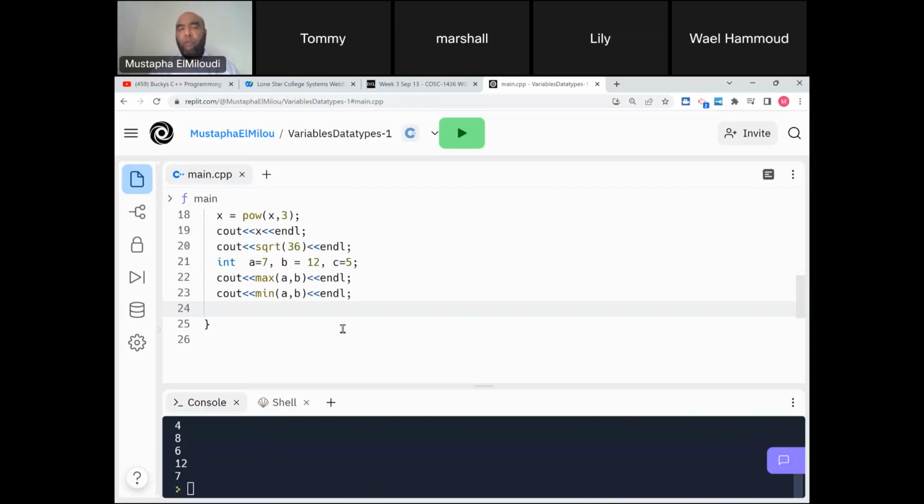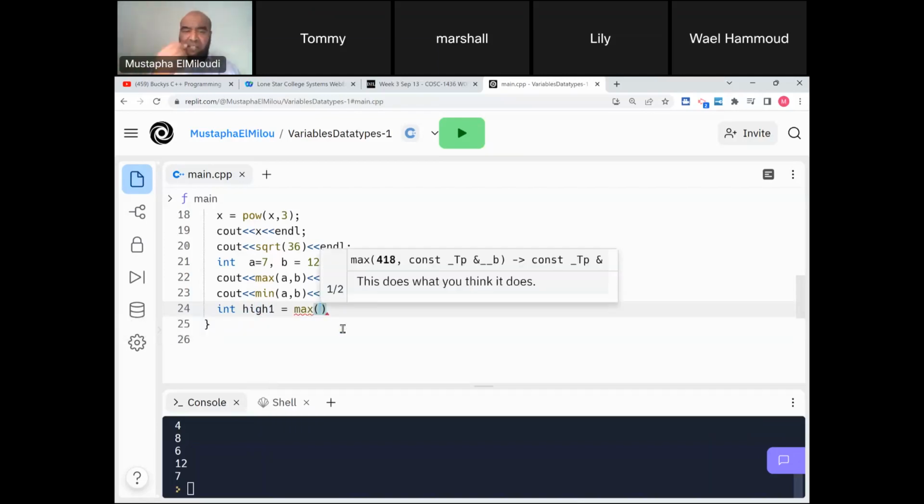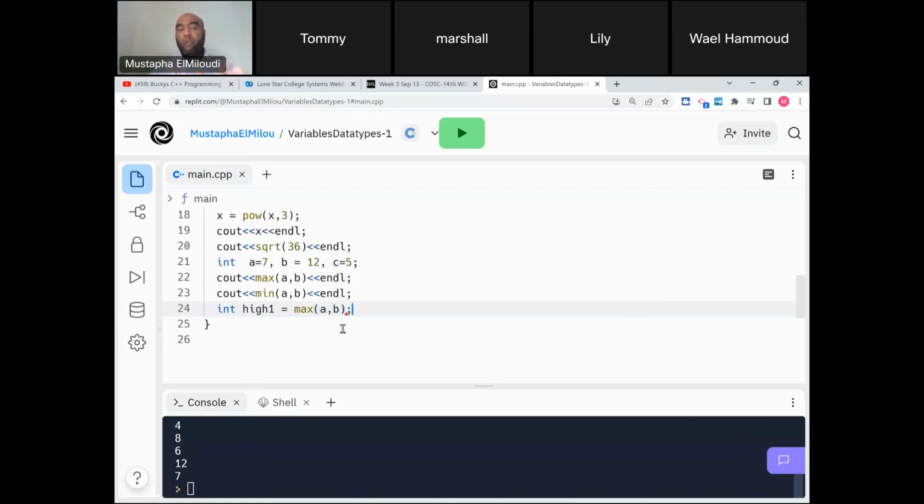Let me compare two of them, save it in a variable, and then call the function again using whatever variable you have saved. For example, I'm going to call it high one. That's going to compare only a and b, or b and c, or a and c. It doesn't matter. Pick any two. So now the highest of the two is saved. That's what the variable is for.